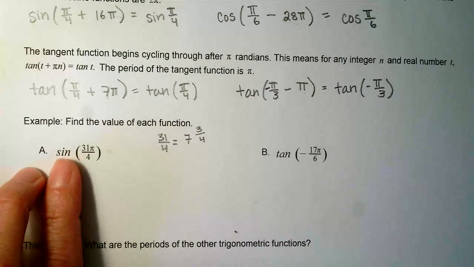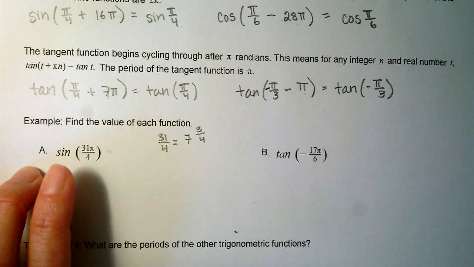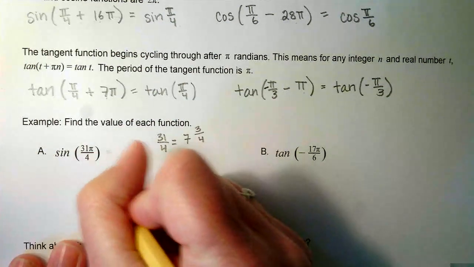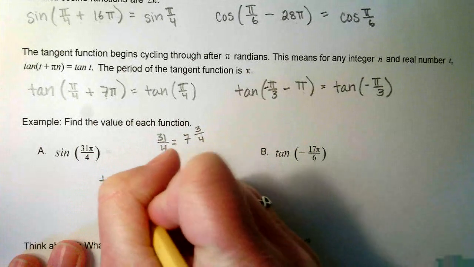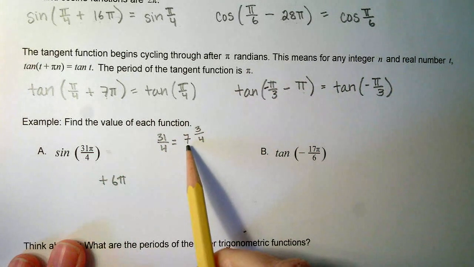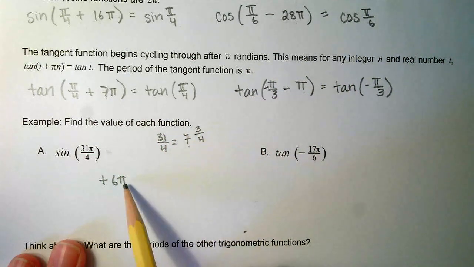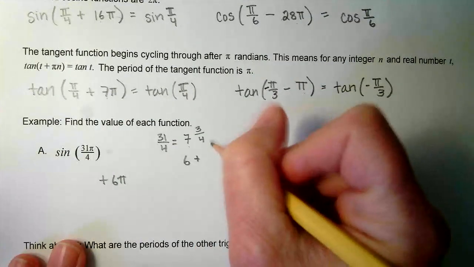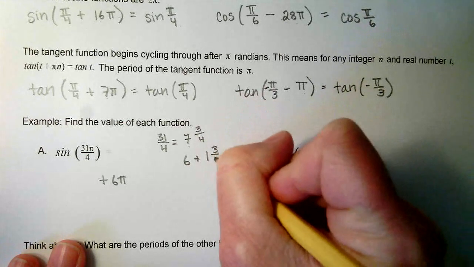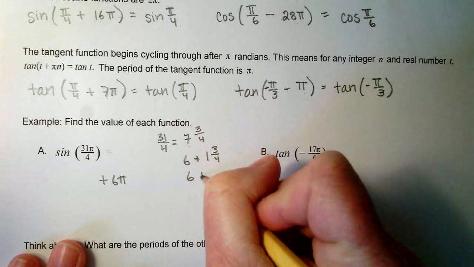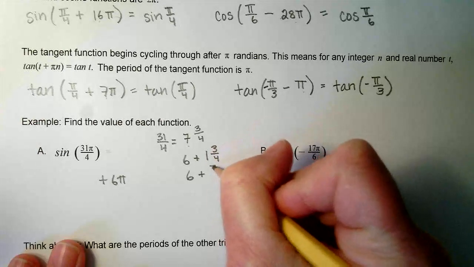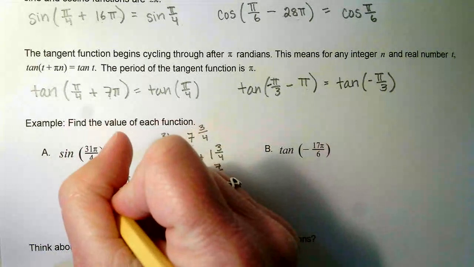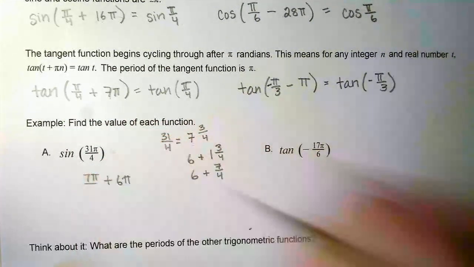Because this is a sine and my period needs to be 2 pi, I am going to write this as plus 6 pi. So I am breaking this 7 into the closest even number, so this would be 6 plus 1 3/4, or 6 plus 7/4. So I am going to break this into 7 pi over 4.